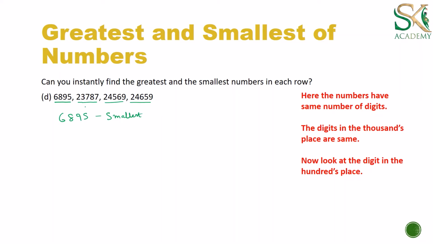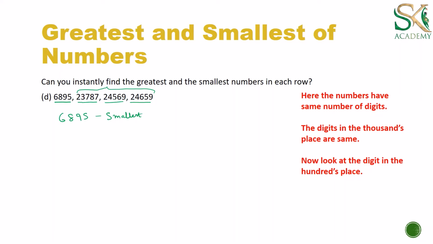To find the highest, you have to compare these three numbers. After the first digit, the second digit is 3, the second digit is 4, and the second digit is 4 again. That means this is the smallest and these two are the greatest among these three numbers.